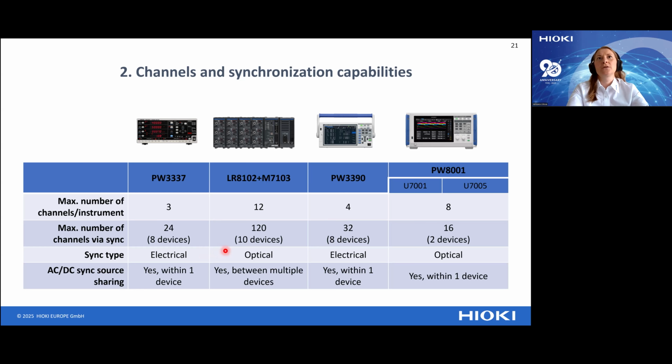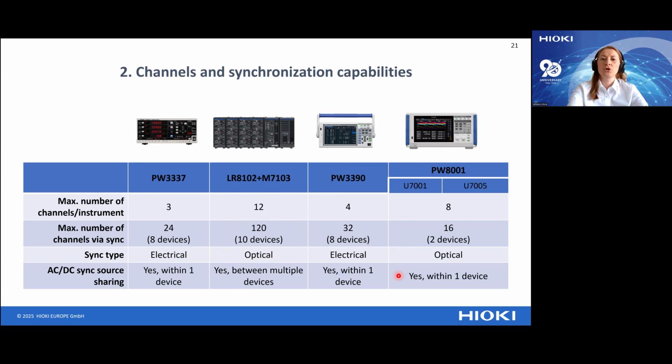With the data logger, for example, you can synchronize up to 10 data loggers with 4 modules each, giving you 120 power channels, whereas the power analyzer has fewer channels, but it offers more measurement capabilities in general.